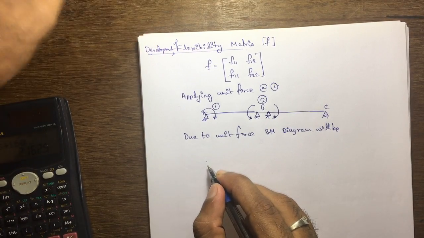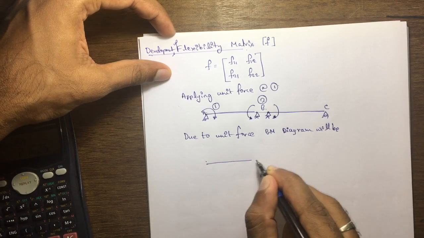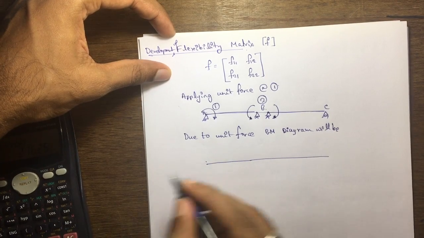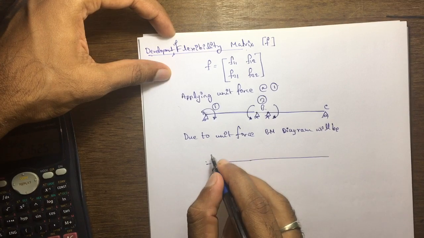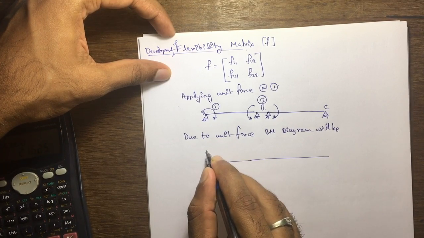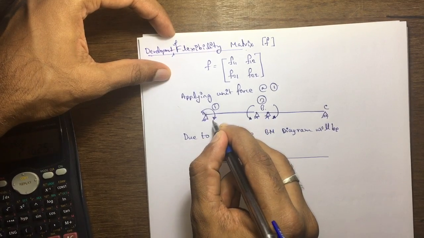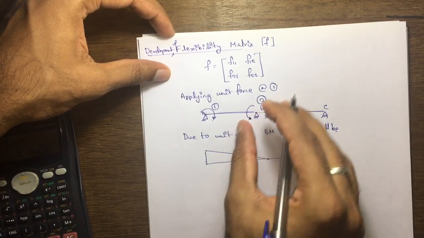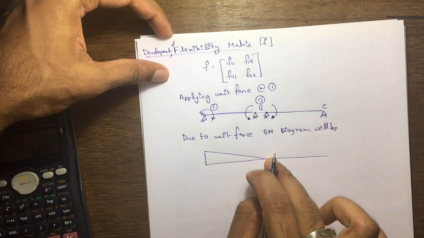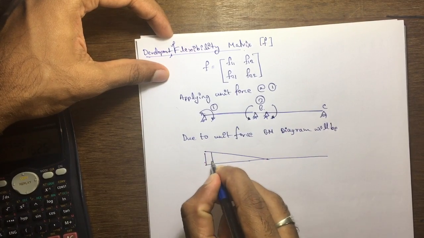It is going to look like this. If I apply unit force here, there is no effect on this junction, that is going to be 0.